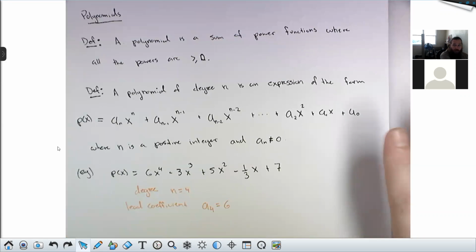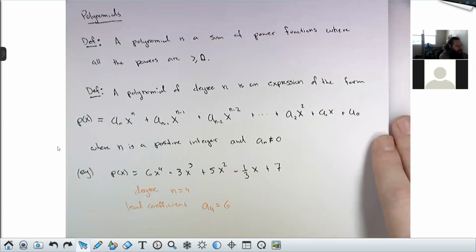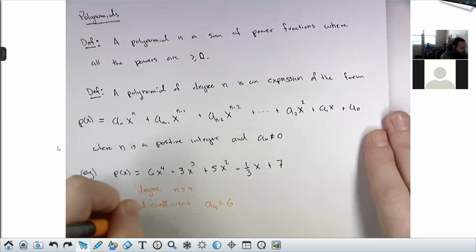So instead of a, b, and c, like we had with quadratics, we have a_(n-1), a_(n-2). This would be a_4 because it's attached to x to the 4, a_3 because it's attached to x to the 3, a_2 because it's attached to x to the 2, a_1 because it's attached to x to the 1, and a_0. If we want to list the other coefficients, we can.